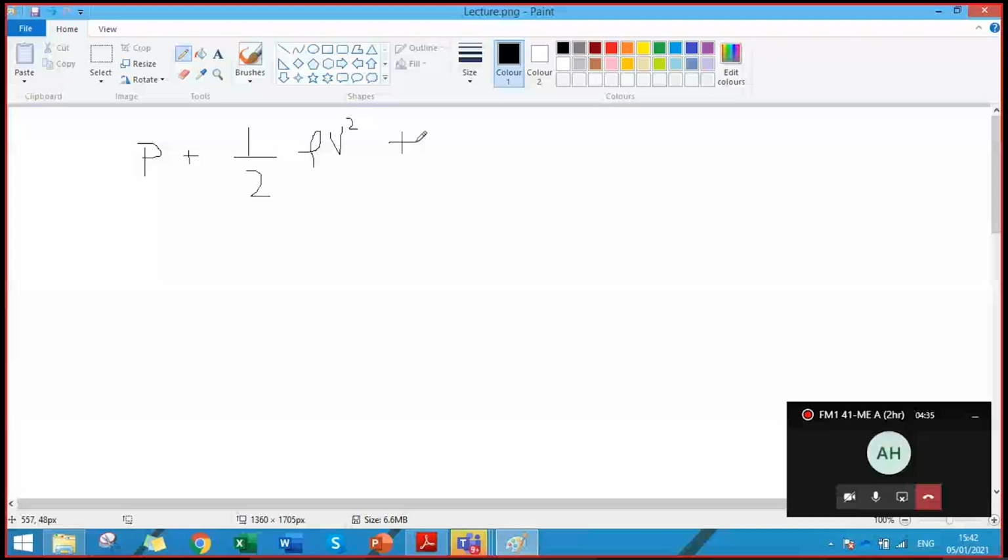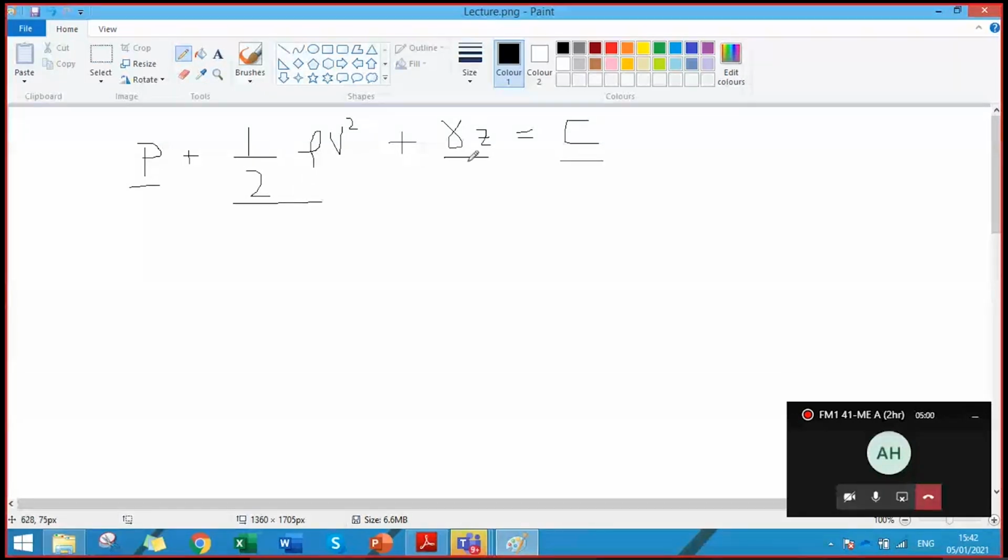This is the pressure form of the Bernoulli equation, and we know that P is called the static pressure, half rho V square is called the dynamic pressure, gamma Z is called the hydrostatic pressure, and the constant is called the total pressure that is constant along the streamline.